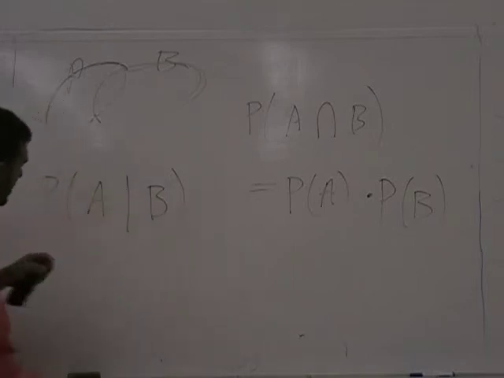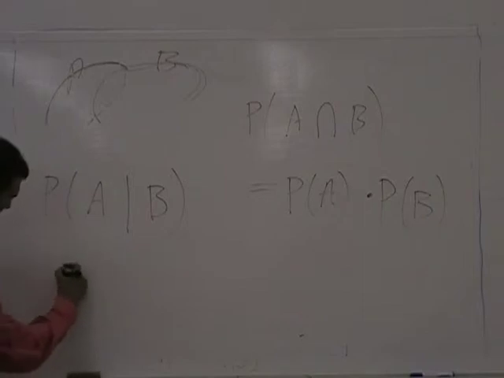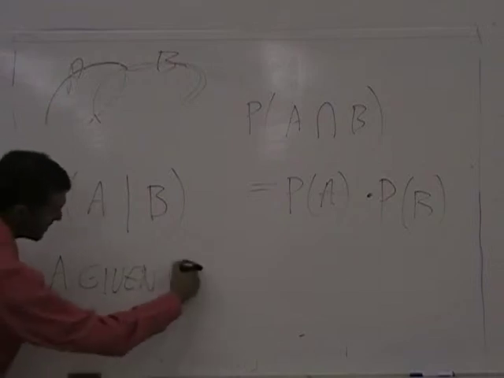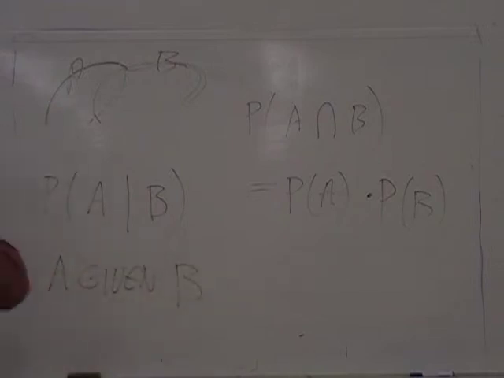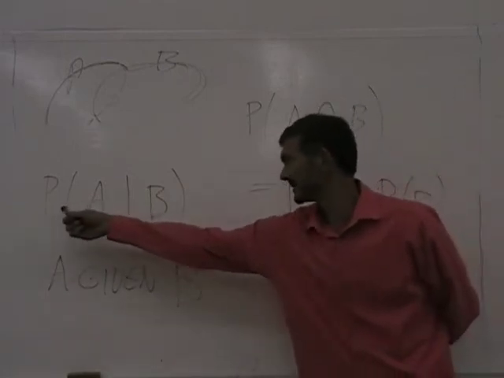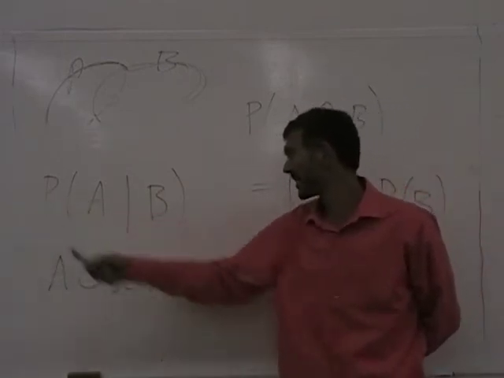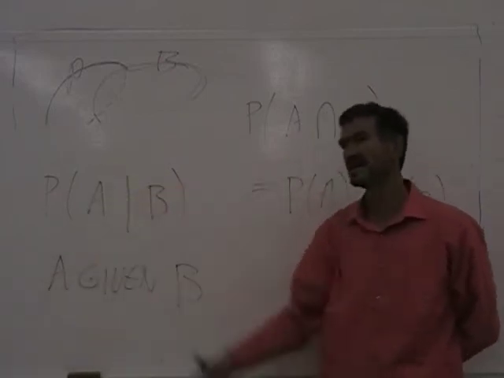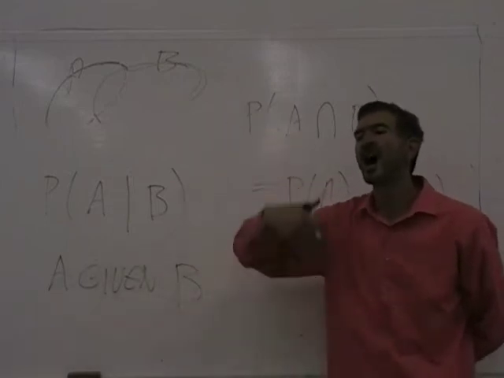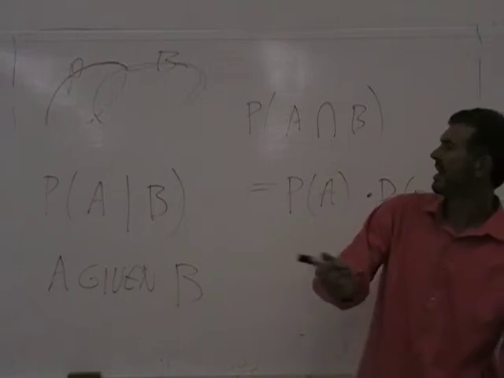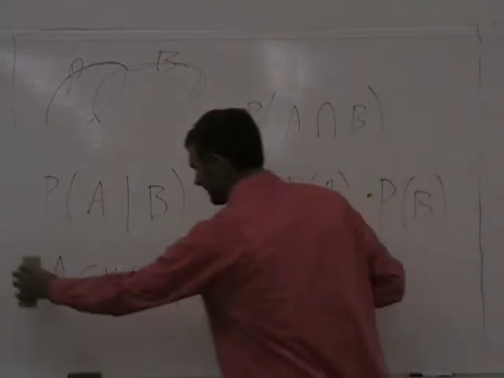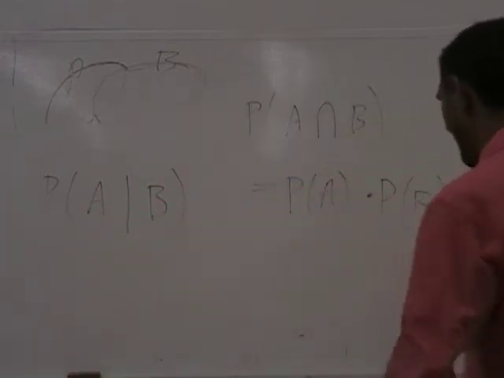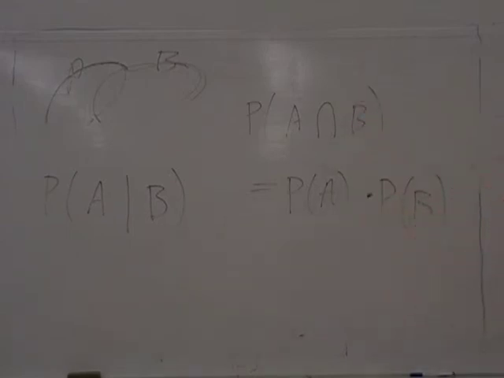And we say the probability of A given B is how it is stated. The probability of A given B is the probability of A under the known assumption of B. And then we get to the intersection.